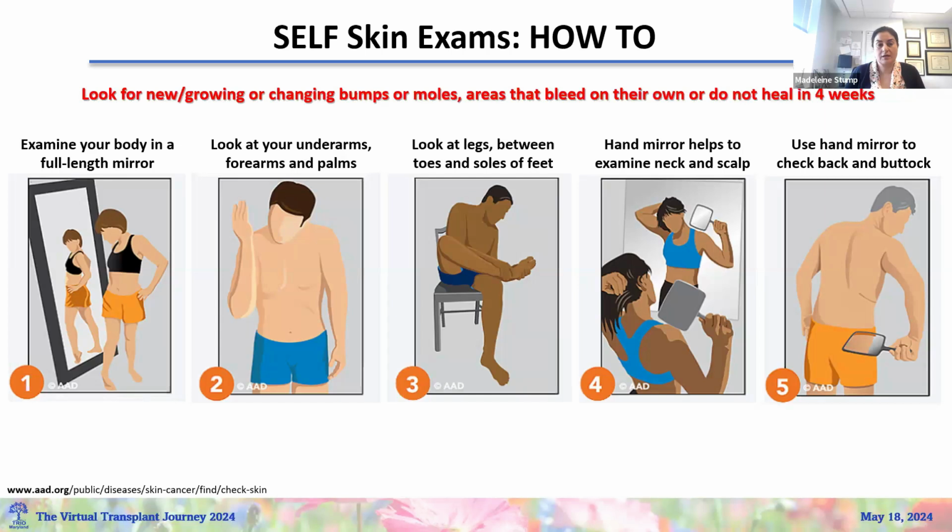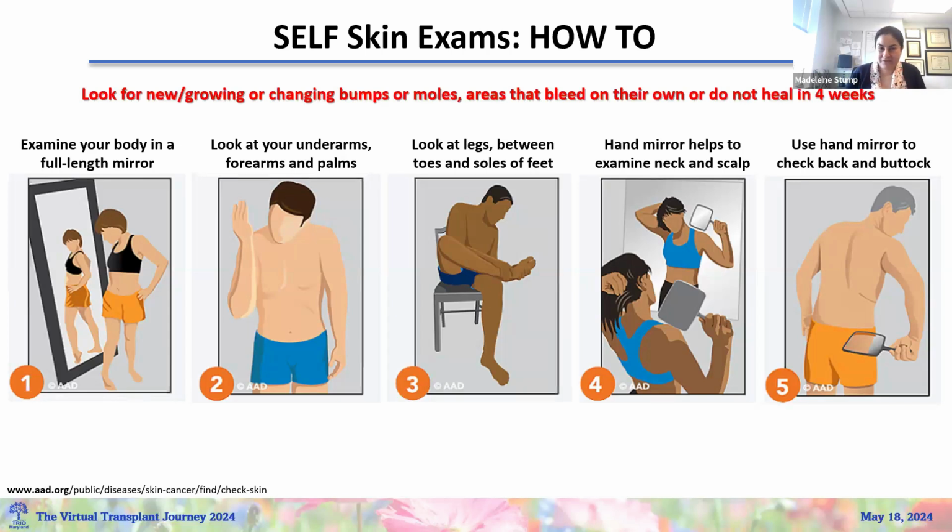You always have to look at underarms, forearms, and palms. These pictures are from the American Academy of Dermatology, an extremely helpful resource to teach you how to do this. Always look at the legs, toes, soles of feet. We talked about this, how skin cancers can hide in those areas simply because we don't look for them.